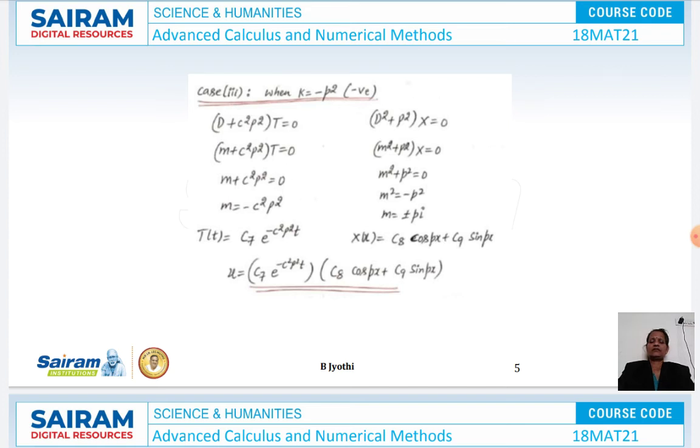That is, m + c² p² = 0 and m² + p² = 0. So m = −c² p² and m = ±ip. Therefore, T(t) = c7 e^(−c² p² t) and X(x) = c8 cos px + c9 sin px. Hence, u = c7 e^(−c² p² t) (c8 cos px + c9 sin px).